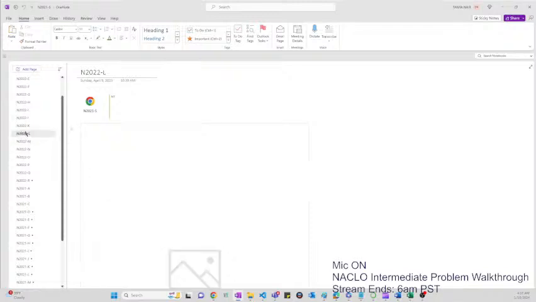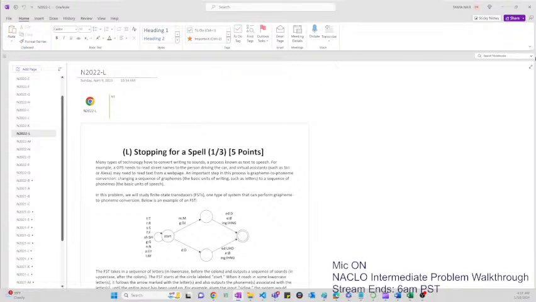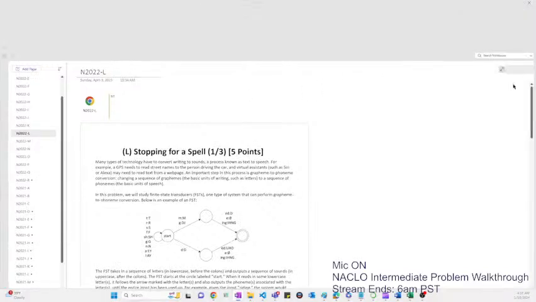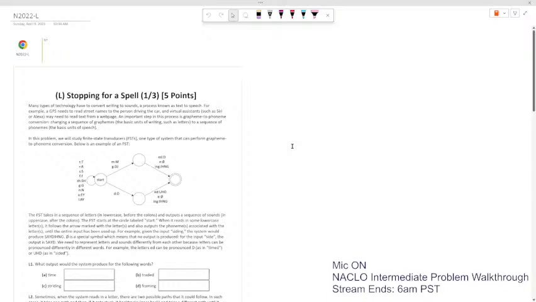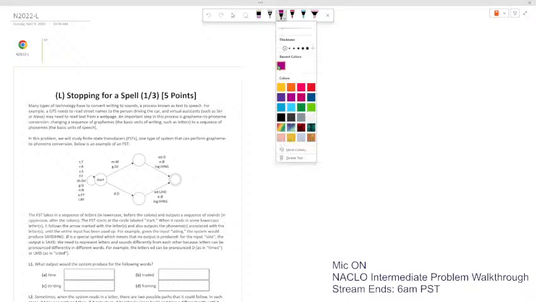It's called Stopping for a Spell, and it's 5 points. But it's a two-part problem. So the next 15-point problem continues off of this work. So let's choose a nice color. I think I'm going to go blue today.